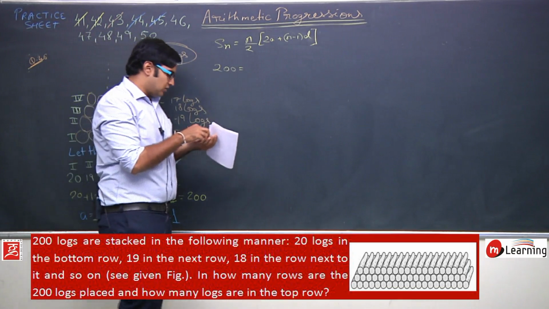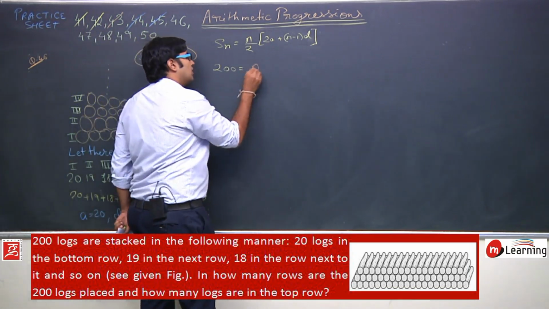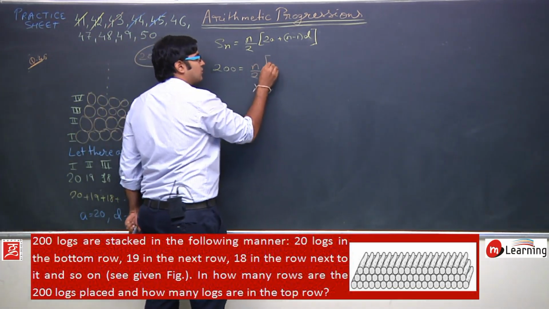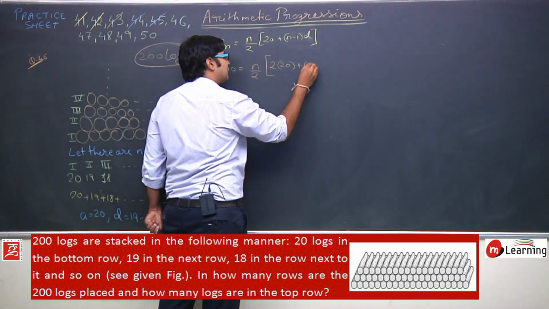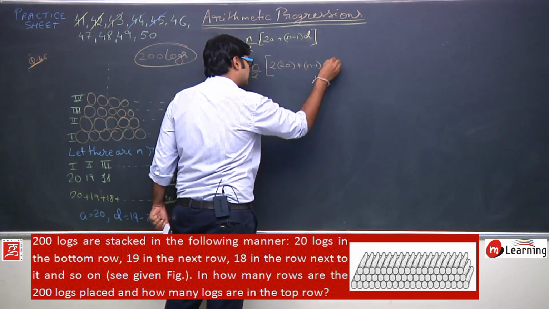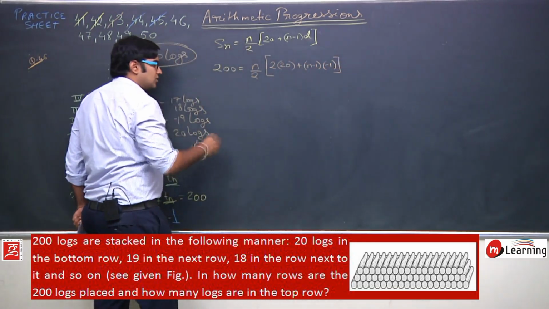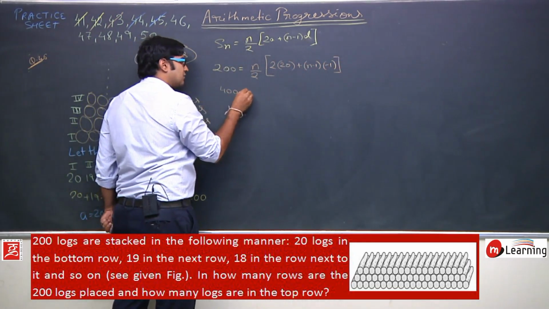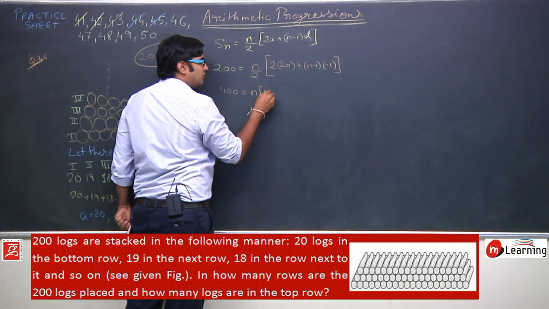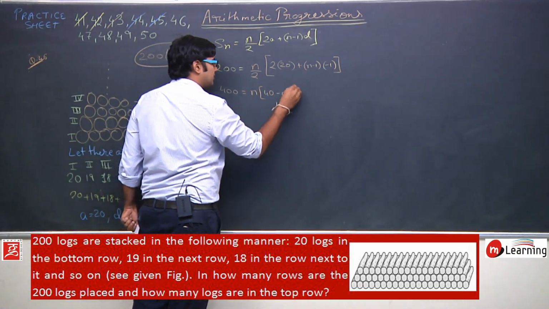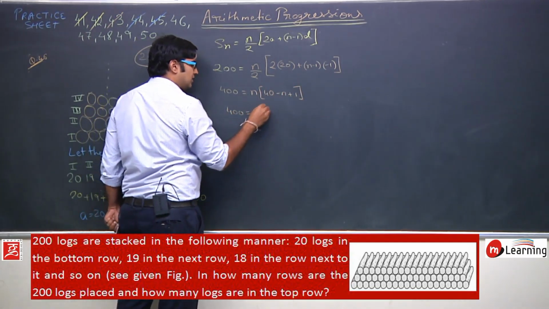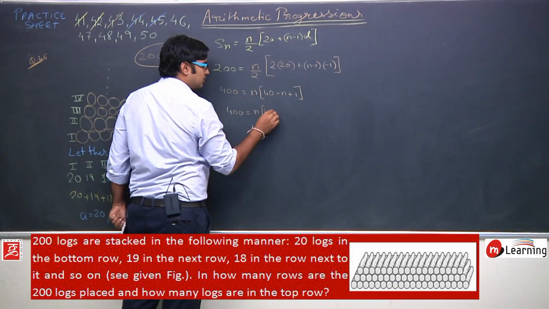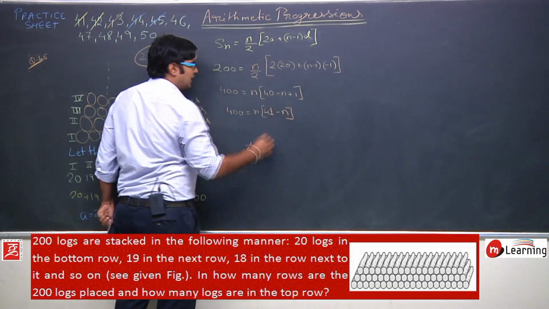So 200 is equal to n upon 2, into the bracket, what is 2 into first term? First term is 20, plus n minus 1 into d, d is minus 1. So this will give you 400 is equal to n into the bracket 40 minus n plus 1. This will give you 400 is equal to n into the bracket 41 minus n.